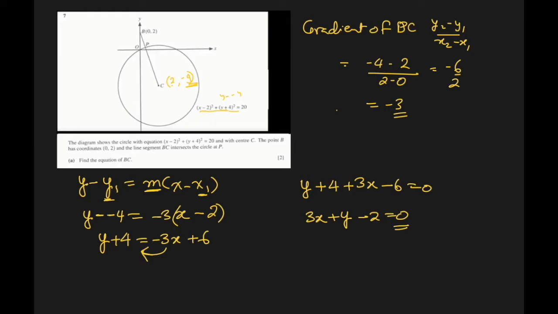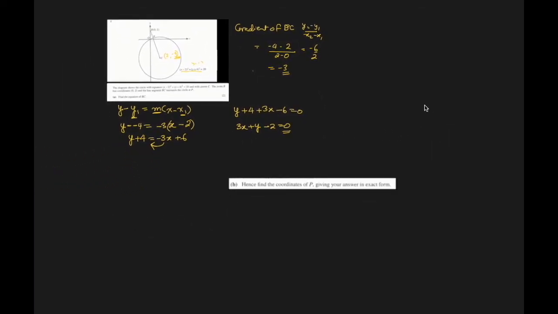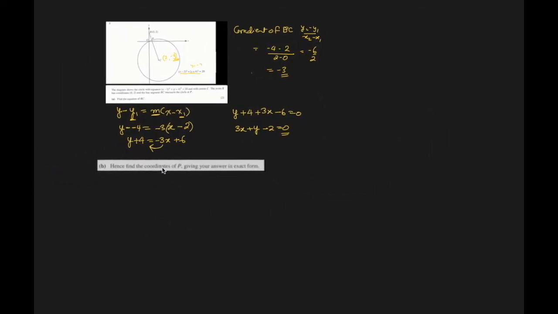Okay. Now there's one more part, which is part B, and it is: hence find the coordinates of P, which is the point of intersection of the two.